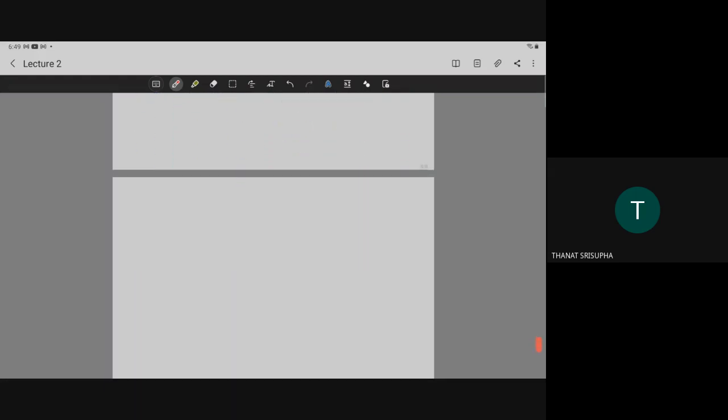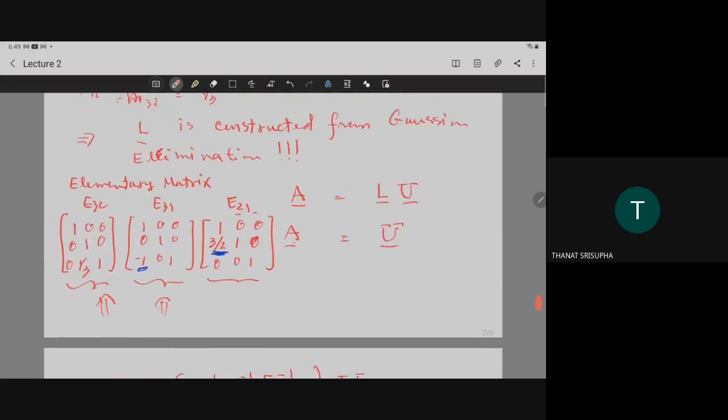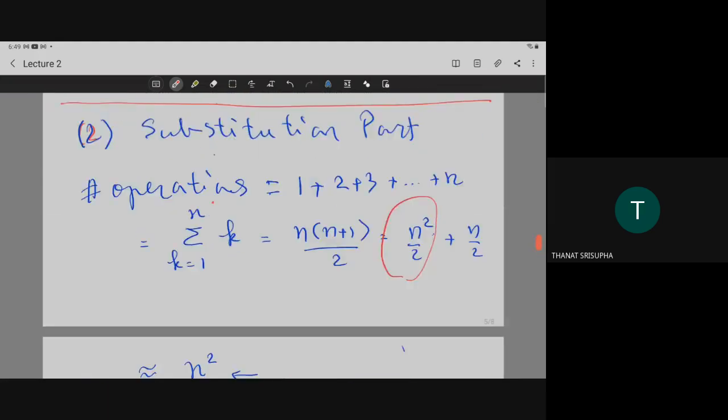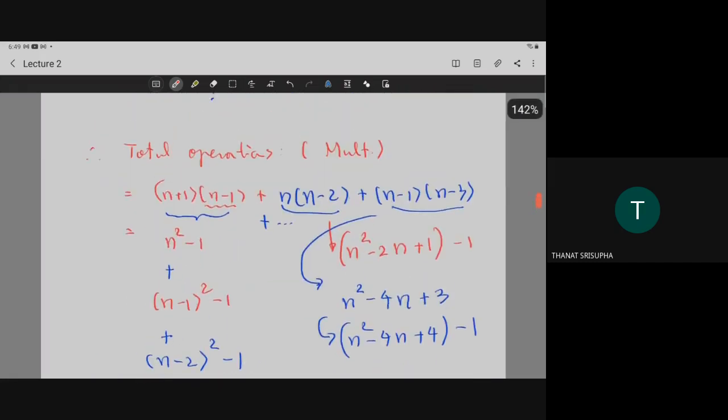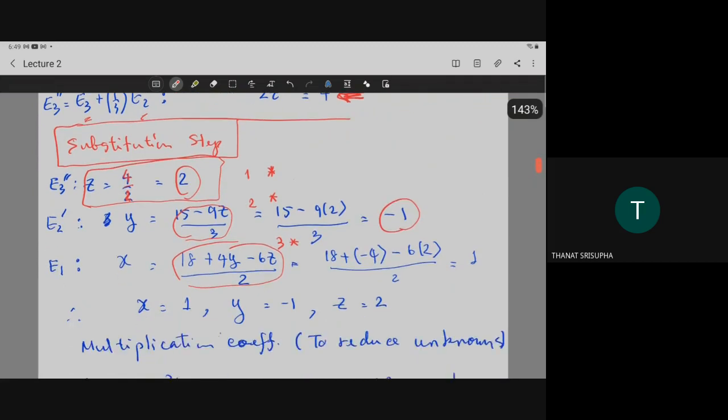Okay, so lastly, about this equation solving, we can write, because up here we did the Gaussian elimination. Let me go back briefly. Sorry, I went back very far. We do the Gaussian elimination, right?